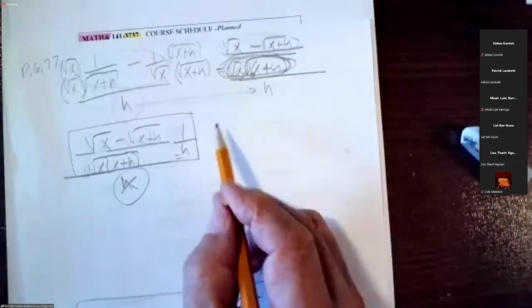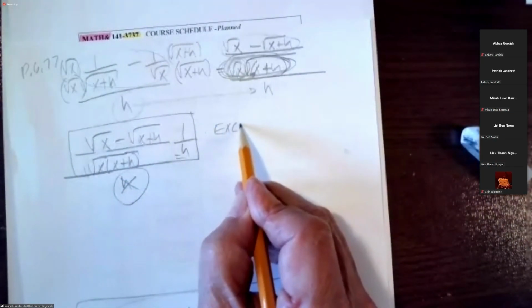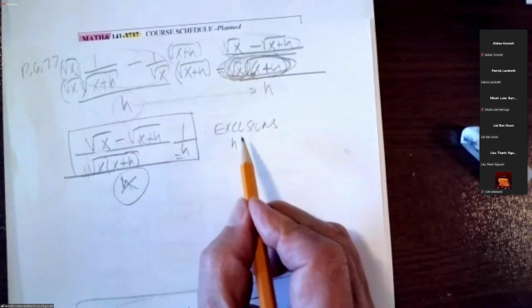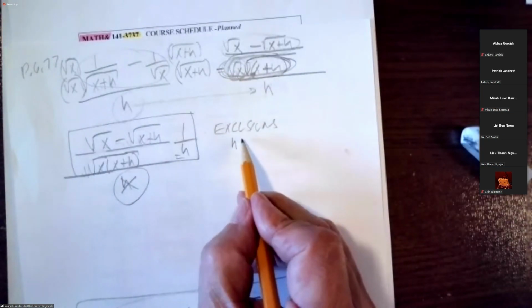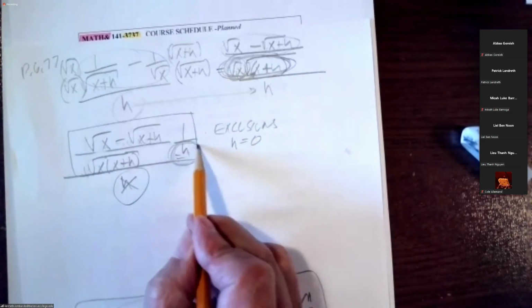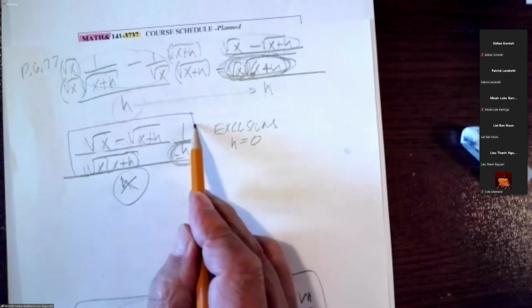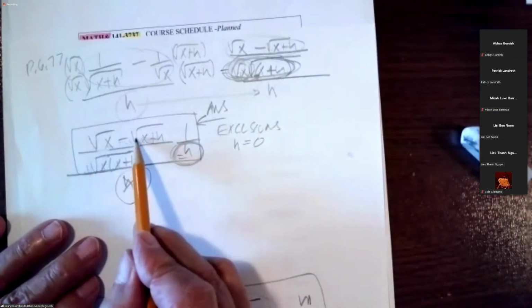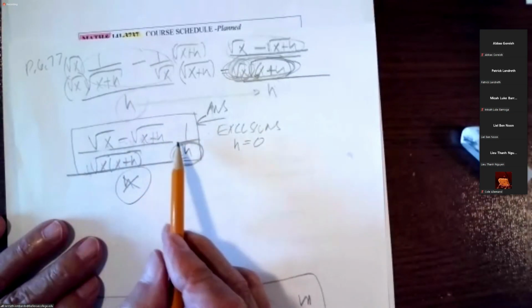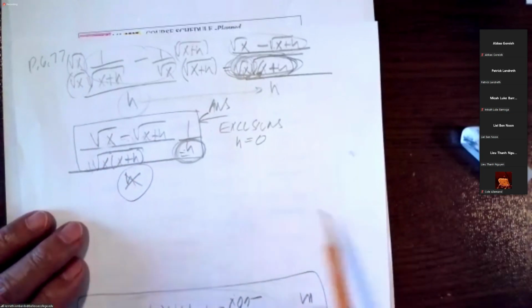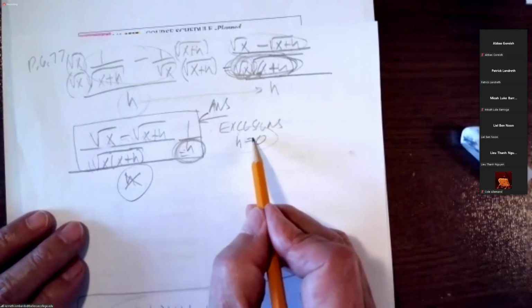And then I have to say, are there any exclusions? We can't have h equal to what? Can't equal 0, can it? Because we have it in the denominator here. Okay. So our answer is root x minus root x plus h, all over h times root x times x plus h, with the exclusion that h can't be 0.